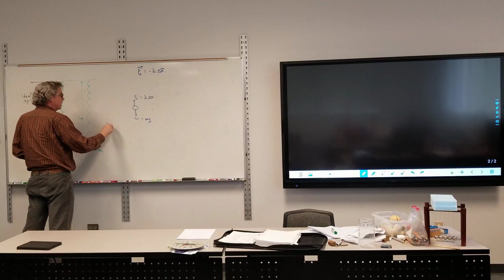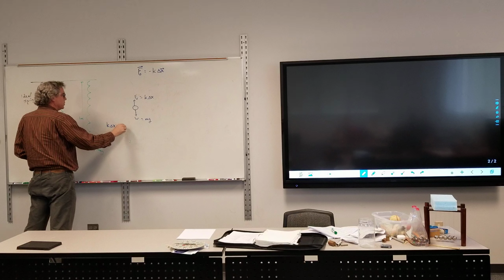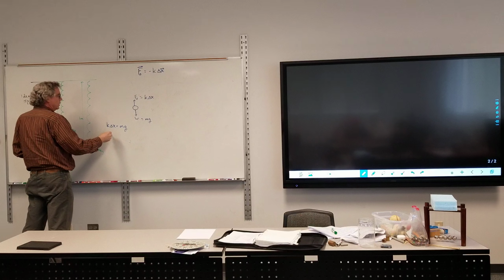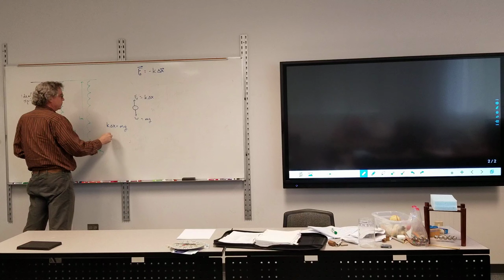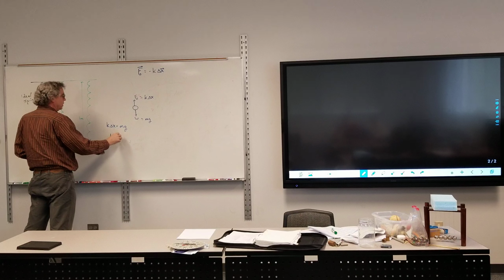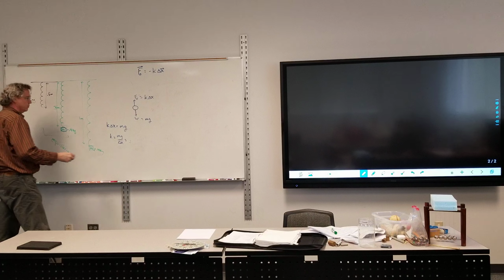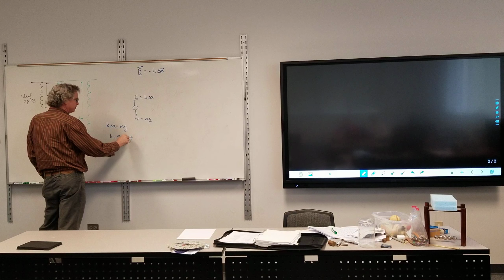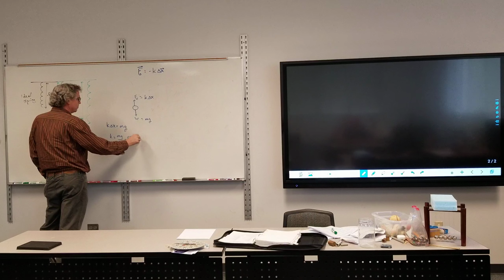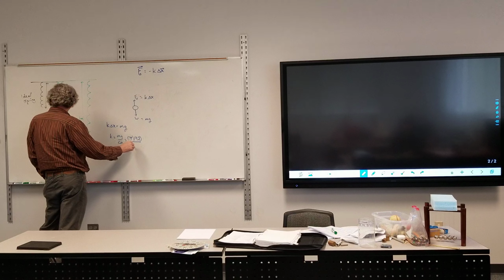So I have K delta X equals mg. And therefore K is just the weight of the object divided by how far it got stretched. So 0.4 times 9.8 divided by 0.2.